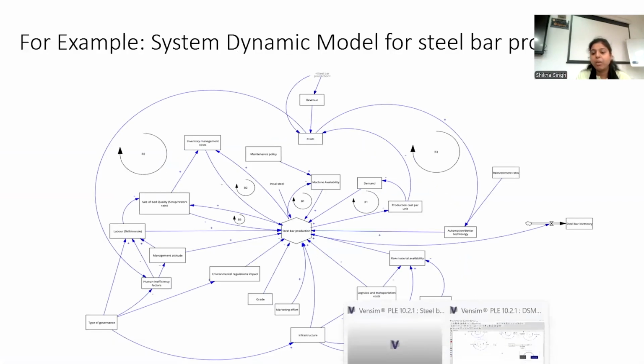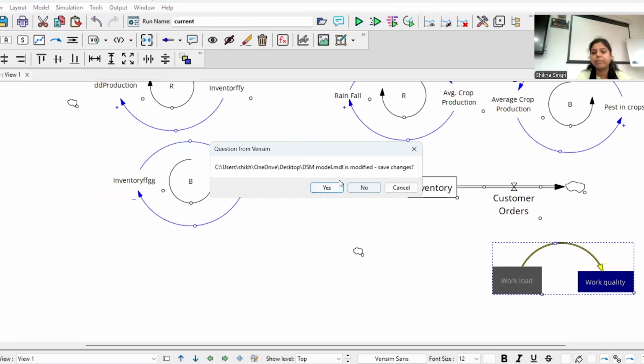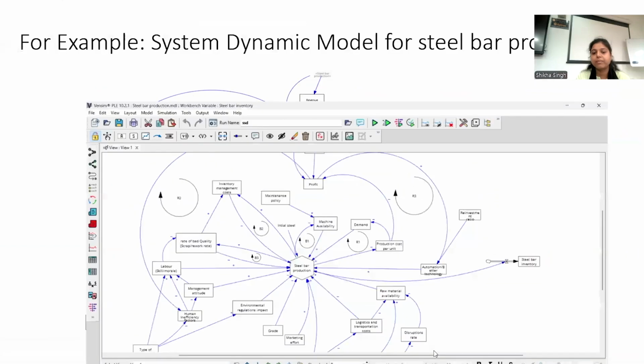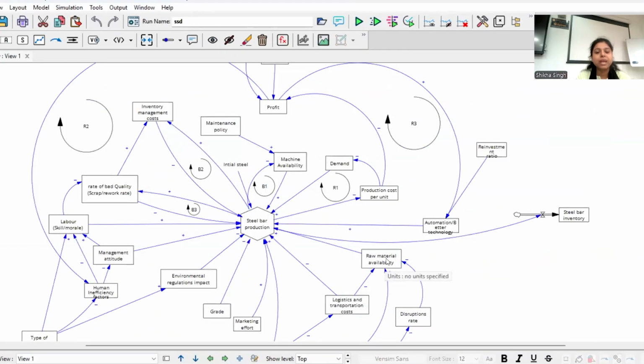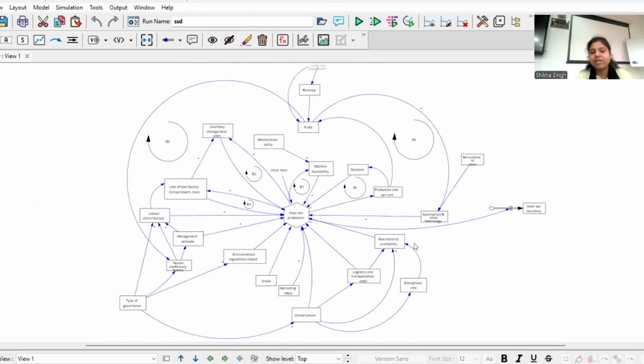Now you see one more complex model I am showing to you. In this model, if you see, it seems, you see, this is a model. I have developed all these models on Vensim. You may also try. It's freeware, so it is available for free to any user.